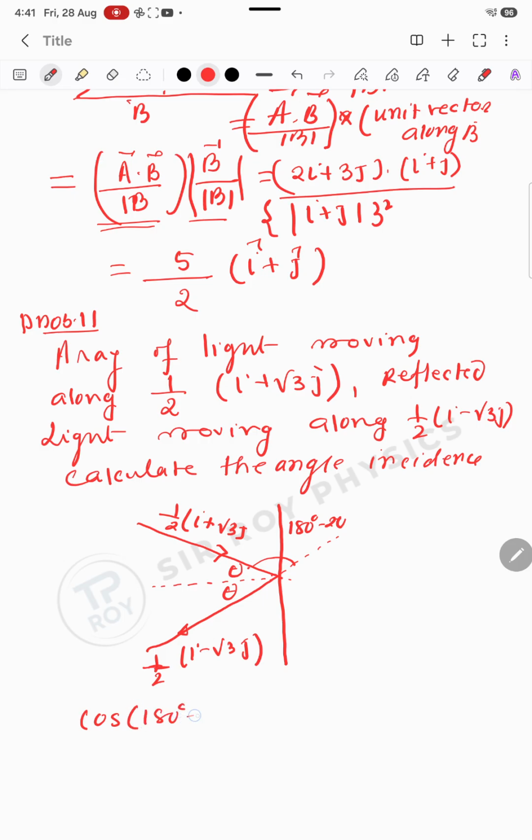180 degree minus 2 theta equal to dot product: half i plus root 3 j dot half i minus root 3 j, by magnitudes. You are getting magnitude 9 plus 1, it is 10.